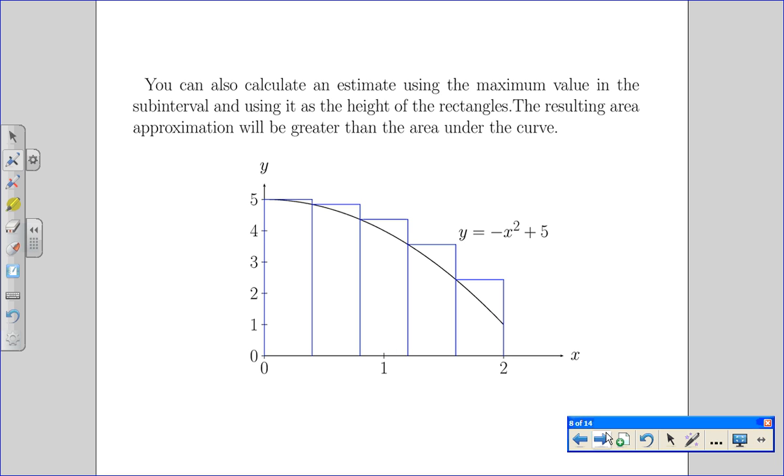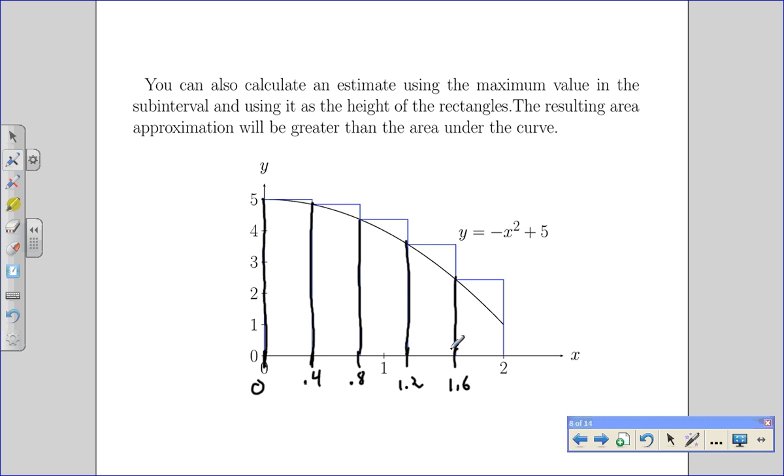Now, we could do essentially the same thing, but instead of taking the right-hand endpoint of these rectangles, we could take the left-hand endpoint. And then my heights are bigger, at least for the first one. I start at 0 this time, and then I go to 0.4 and 0.8 and 1.2 and 1.6, and those are my heights.